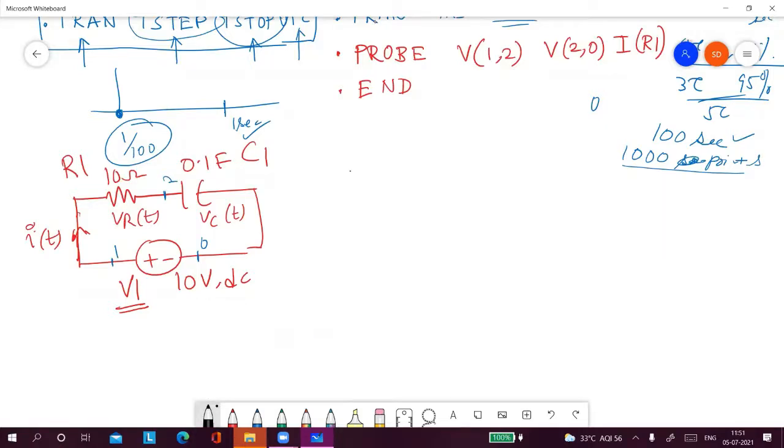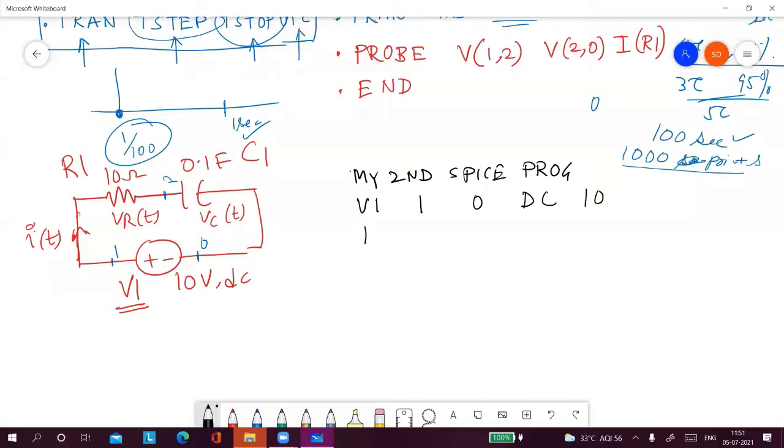So let us write the SPICE program. Let us give the title: My second SPICE program. Now the description. First the voltage source V1, connected between 1 and 0. It is a DC voltage source and its magnitude is 10 volt.